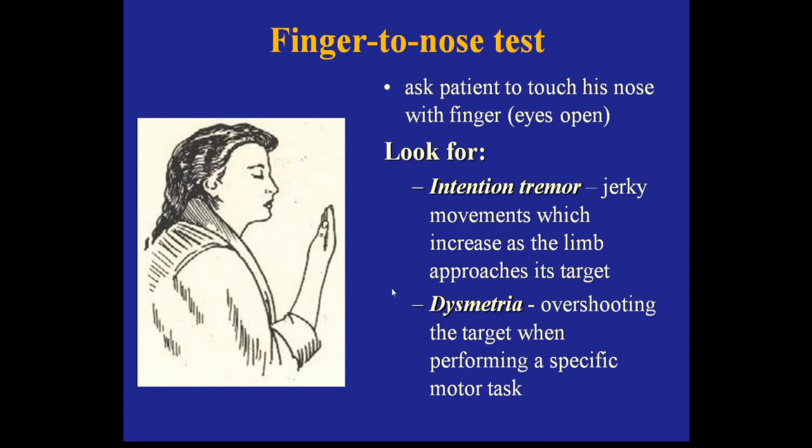Look for two main pathological symptoms: intention tremor and dysmetria. Intention tremor, jerky movements which increase as the limb approaches its target, approaching nose. And dysmetria, overshooting the target when performing this specific motor task.